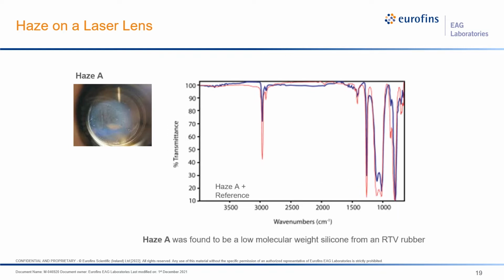And in fact, when we compare to a silicone reference, we get a perfect match, right? And so now we can say that this particular haze is probably due to some sort of a silicone material. And again, you don't always get a perfect match in terms of intensity, but what we're looking at is the combination of peaks and peak positions, and here this is quite a good match.